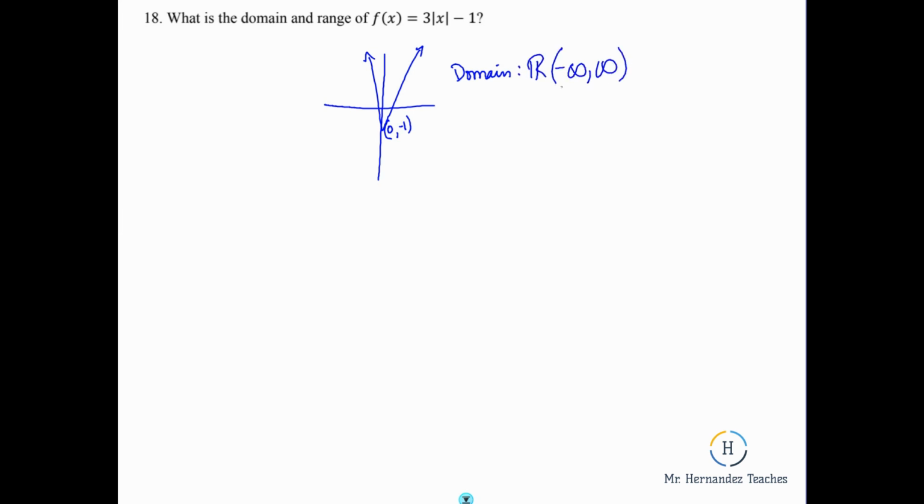You guys need to know that. And then my range, well, that's the lowest y value, which is negative 1, to the highest y value, and it ends in an arrow up. So my range is going to be negative 1 with the bracket to infinity, parentheses, because it's going from negative 1 all the way up.